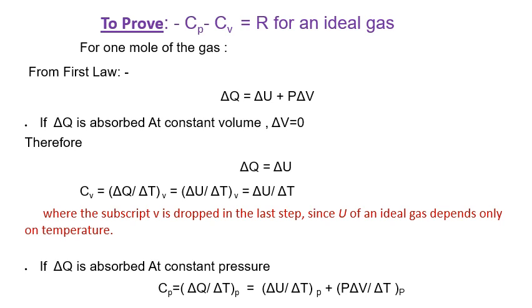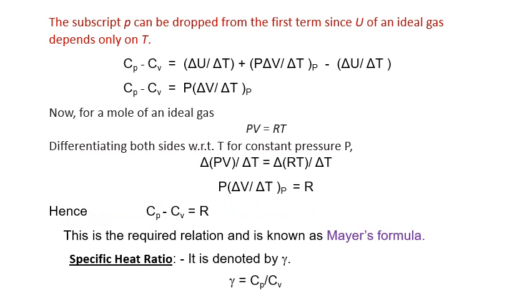Now consider delta Q is absorbed at constant pressure. So delta Q by delta T at constant pressure will be delta U by delta T at constant pressure plus P delta V divided by delta T at constant pressure. Again, the subscript P is dropped from the last term. So Cp minus Cv will be equal to P into delta V by delta T at constant pressure.